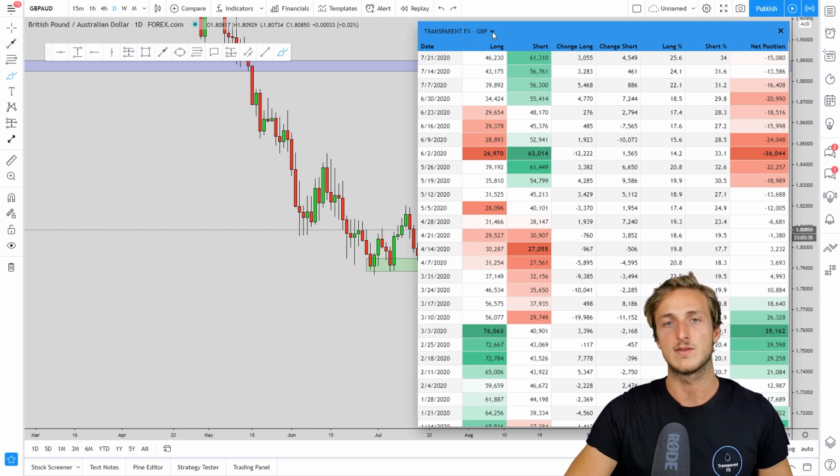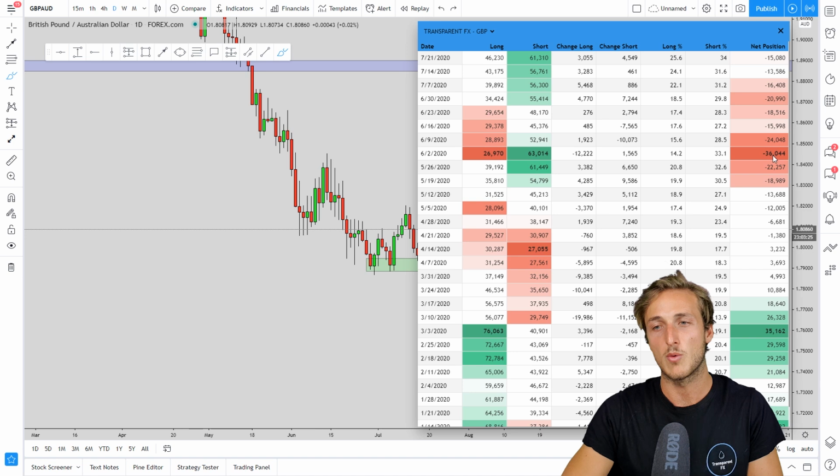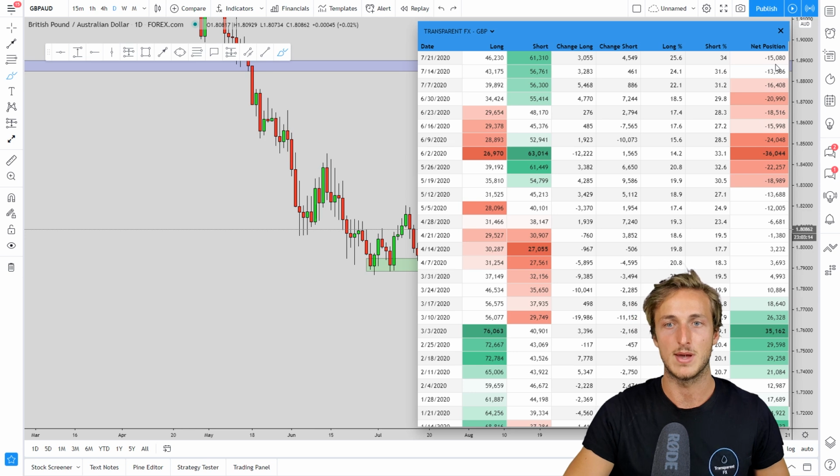So what we can see is that from a pound perspective, if we look at the net positions, we have seen net positions increasing, so becoming less negative. We went from minus 36K all the way up to minus 15K, which means that in the short term, what is happening is that the pound is getting bought by big banks and institutions.